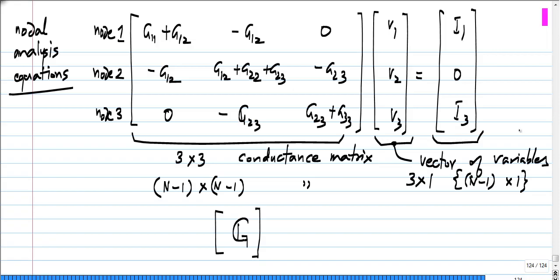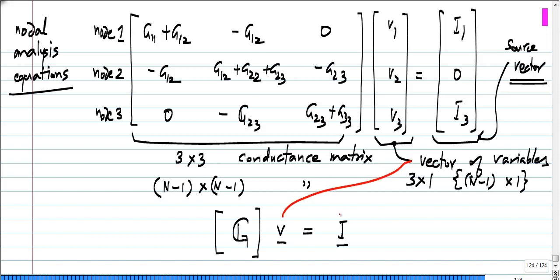And finally, the entry on the right hand side corresponds to the vector of sources. So, what I have is conductance matrix G times the vector of voltages V being equal to the vector of independent sources I. Okay. So, this is this and this is that. Okay.